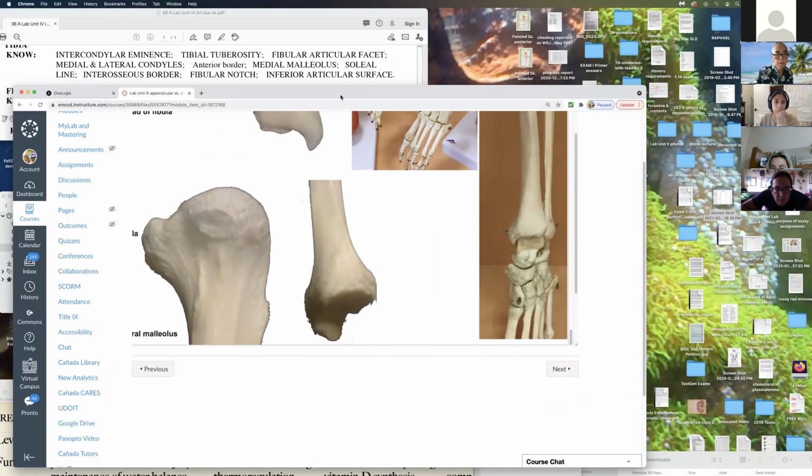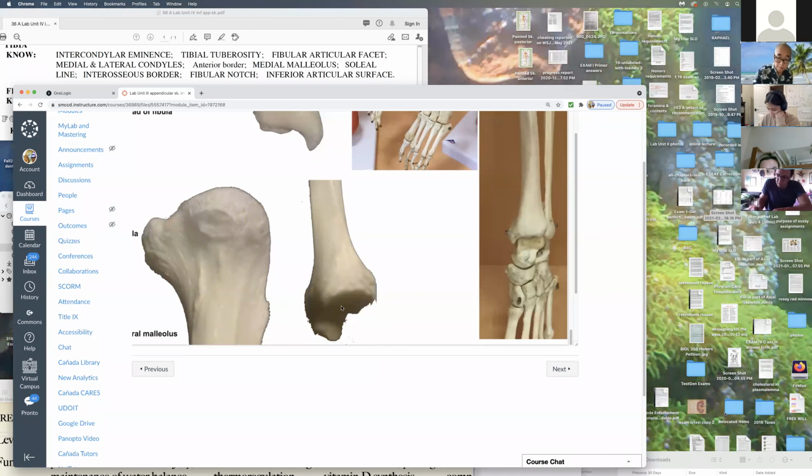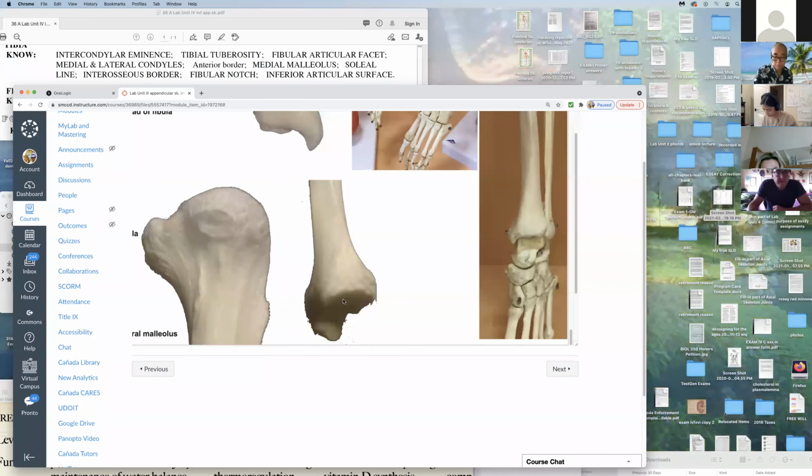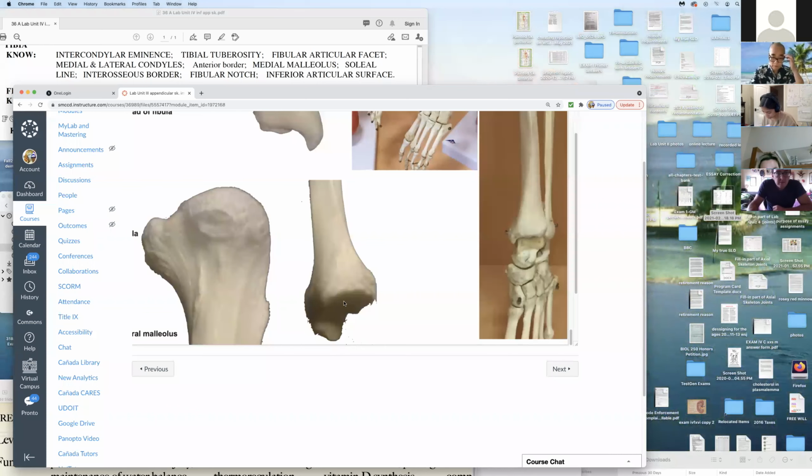So now, the inferior articular surface, most books don't bother showing that because they have to take that picture. And talking about this, this is the inferior articular surface. And this is the main part of your ankle joint.